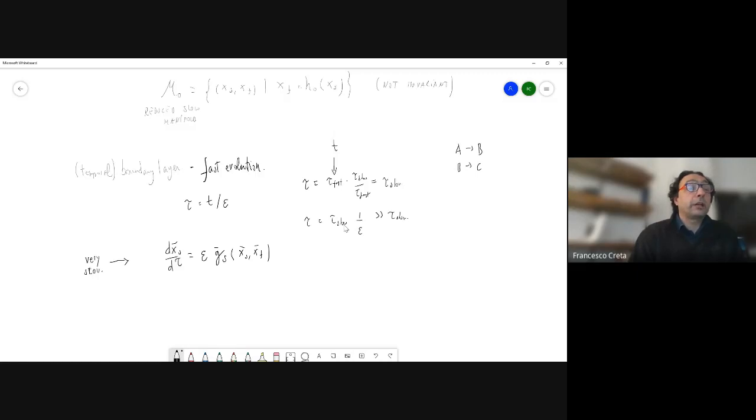The rate of change of x of s now becomes epsilon slow, so it's very, very slow. On the other hand, dx of f becomes essentially of the order of tau, so it becomes essentially slow. So what was fast now becomes slow, and what was slow becomes very slow.